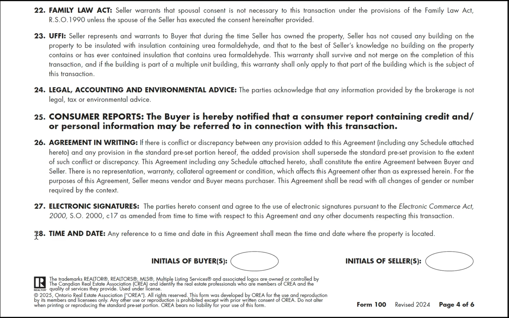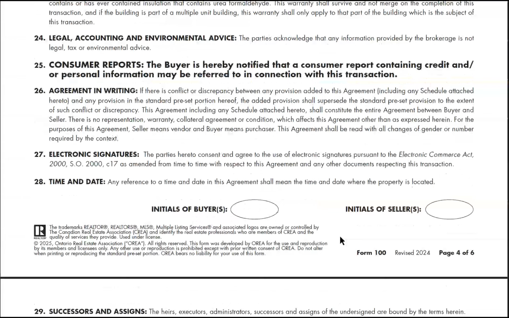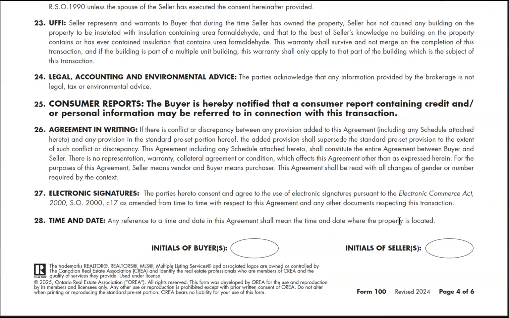All right, number 28, the time and date clause. Any reference to a time and date in this agreement shall mean the time and date where the property is located. So for example, let's say the property is in Eastern Standard Time, which is -5 GMT, I think, and the seller is on the West Coast, in Vancouver.